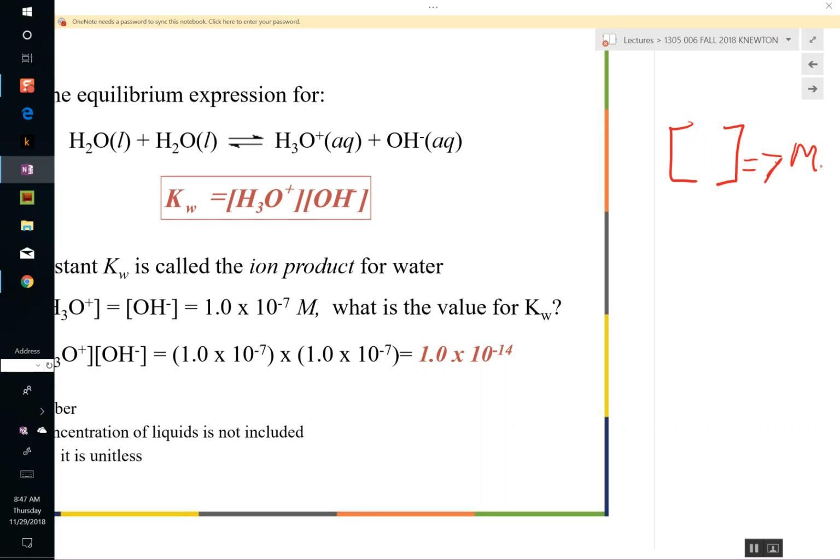So the Kw is the molarity of the hydronium ion times the molarity of the hydroxide ion. And that is a constant. That product is always a constant, 1 times 10 to the minus 14th.